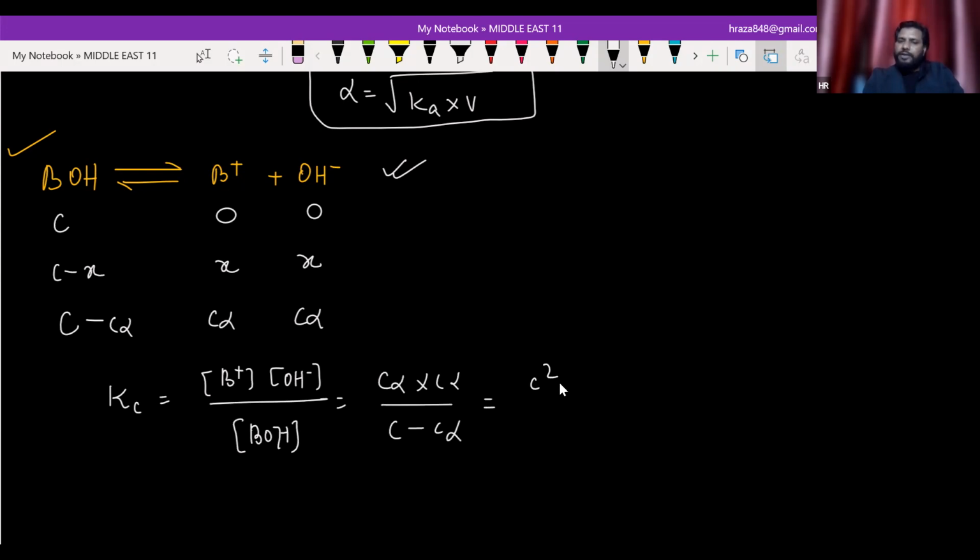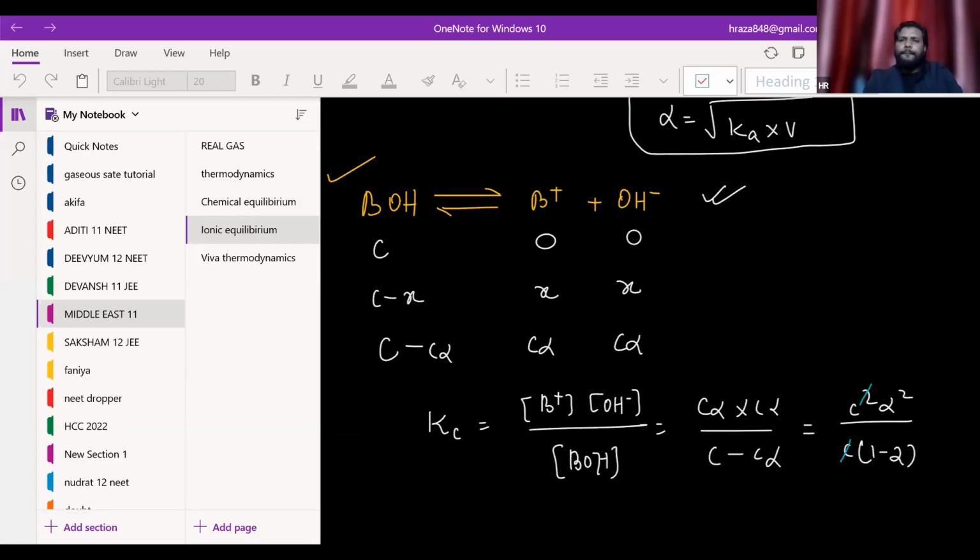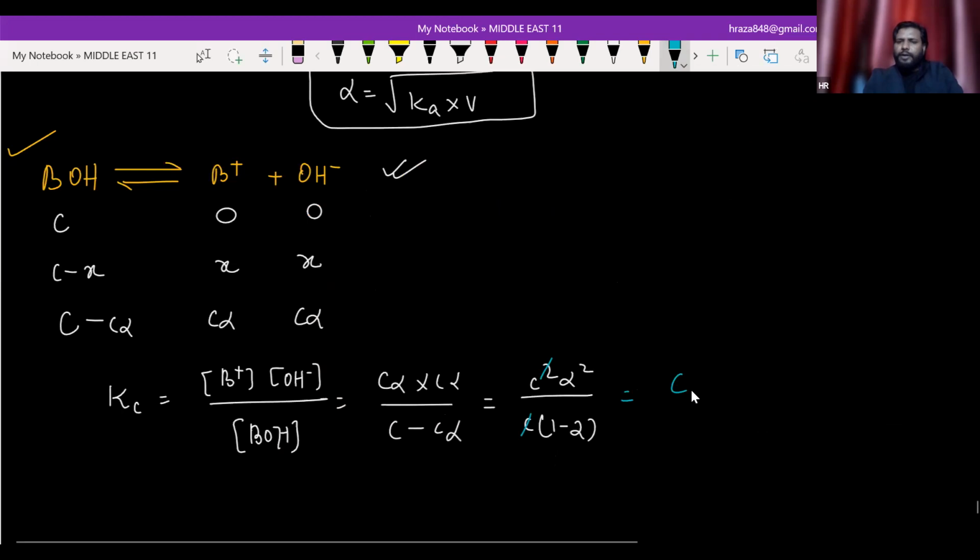That is C square alpha square upon C times 1 minus alpha. One C cancels, and we are left with C alpha square upon 1 minus alpha. This is the value of Kc.